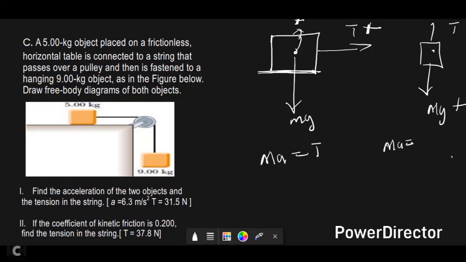So the down part will be mg, which is positive, minus T. So this is your first equation and this is your second equation.